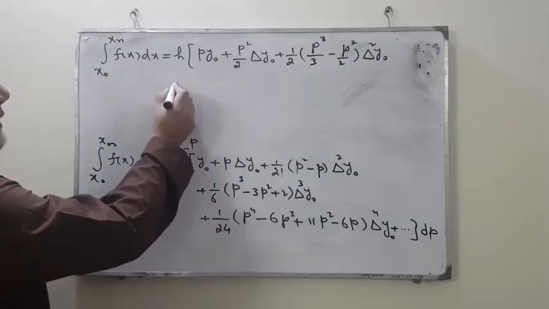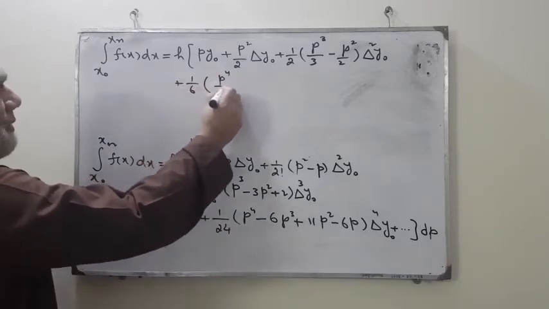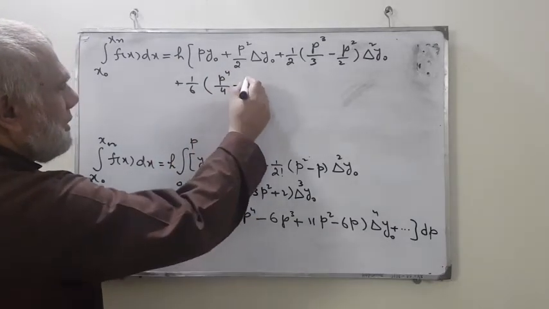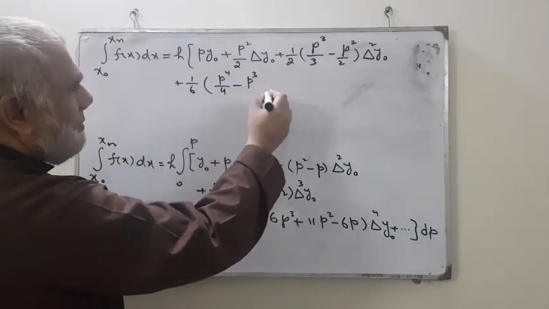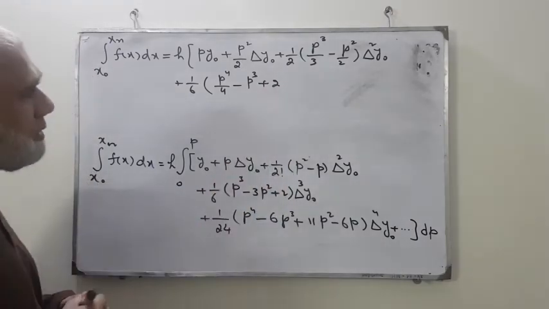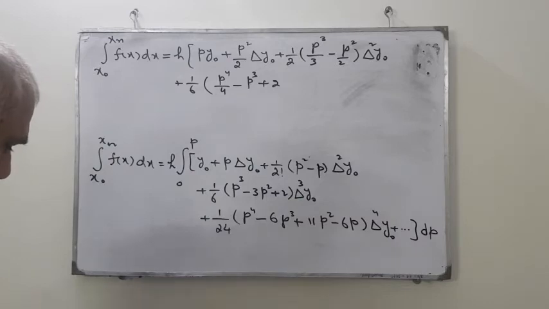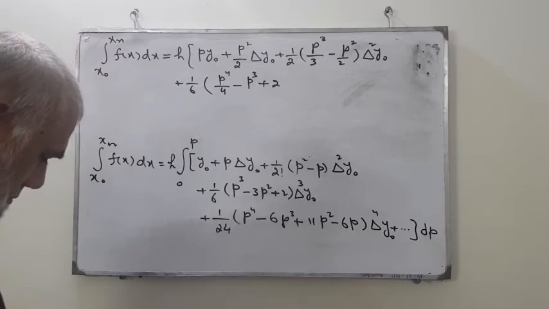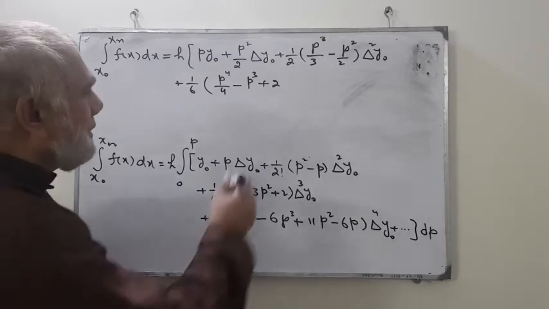From the next term we have 1 by 6, inside it gives you p4 by 4, next minus p cube, and next plus 2p.